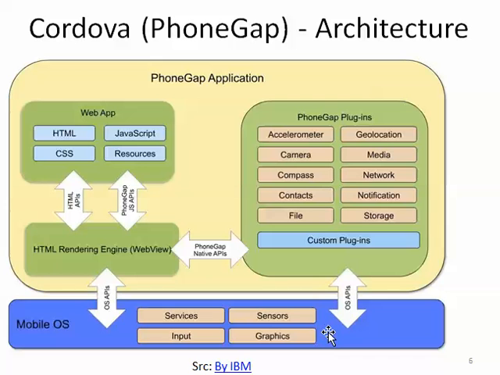We're using some type of web app, developing using HTML and JavaScript, and from that we get into some type of HTML rendering engine, the web view. From here you can see that we go into the device, but then what they call the PhoneGap plugins come in.